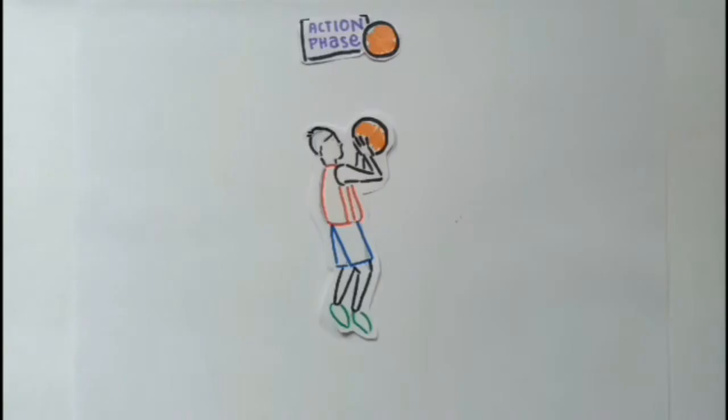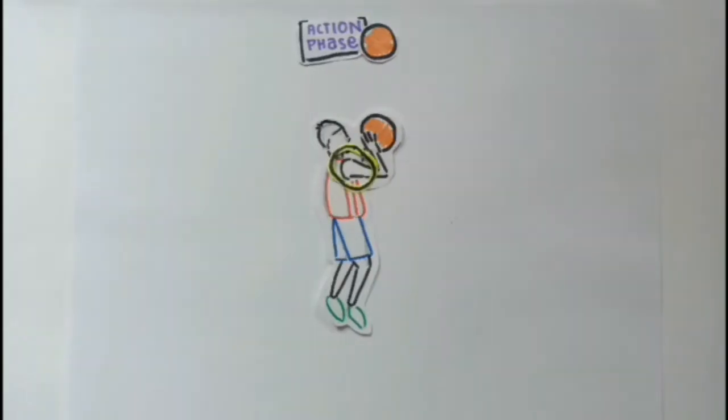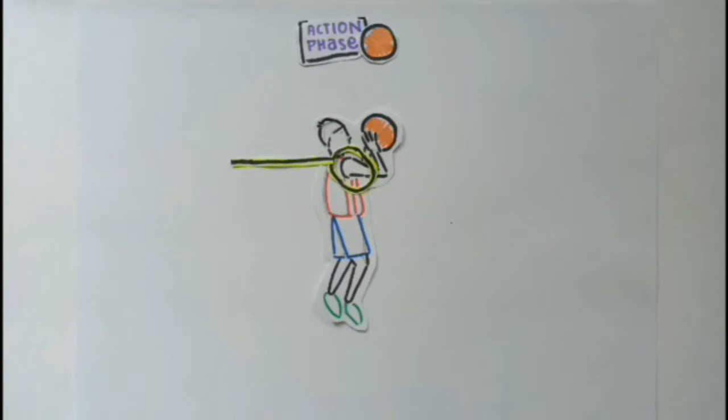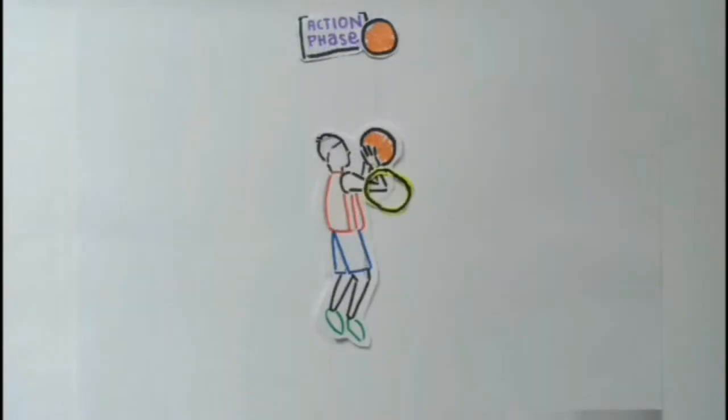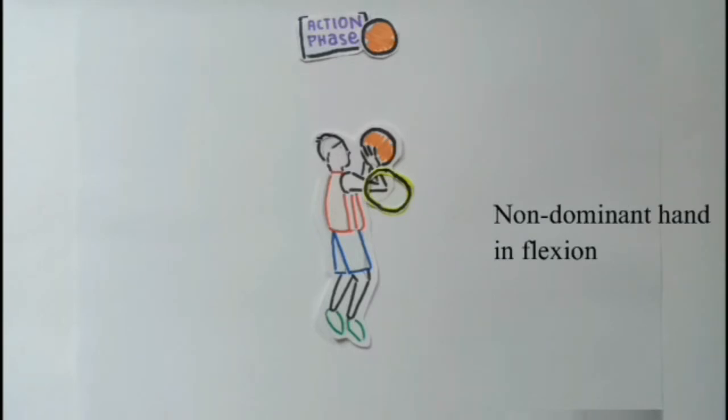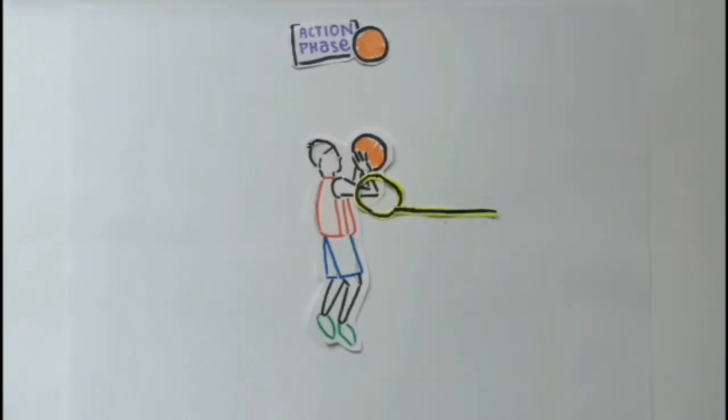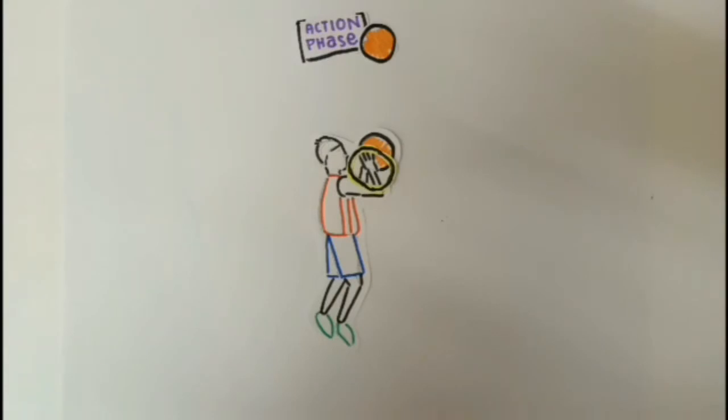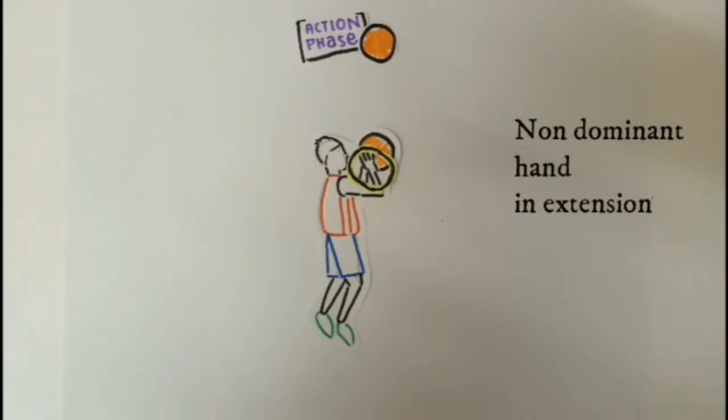For the action phase, the shoulder is in flexion involving anterior deltoid and pectoralis major. For the elbow joint, the dominant hand is in extension, while the non-dominant hand is in flexion, involving triceps brachii and anconeus. For the wrist joint, the dominant hand is in flexion, while the non-dominant hand is in extension.